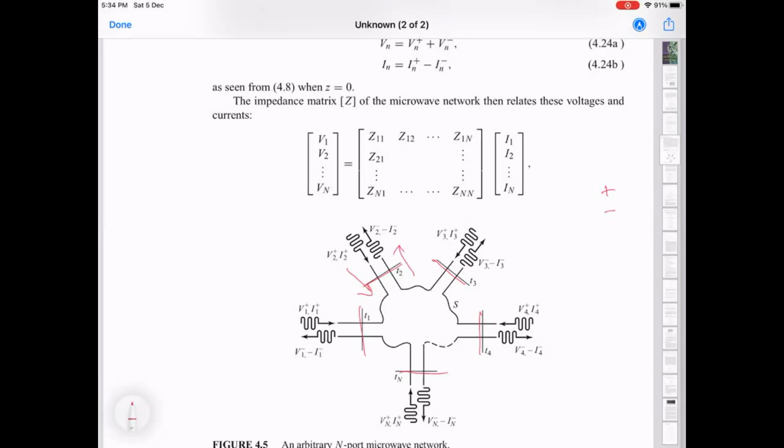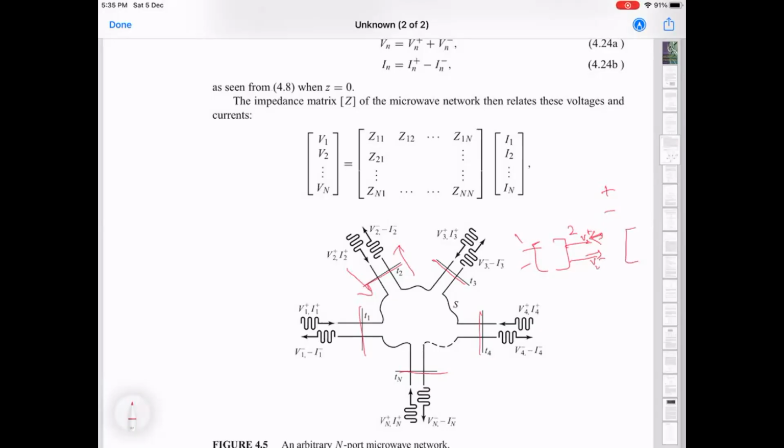That's the convention. You have to keep this in mind very carefully when you're stacking networks. Say you have one network here, with port 1 and port 2, and V2 plus going this way. No, actually V2 plus is this way, and V2 minus is that way.